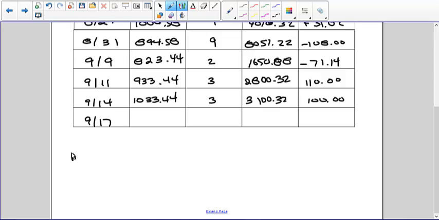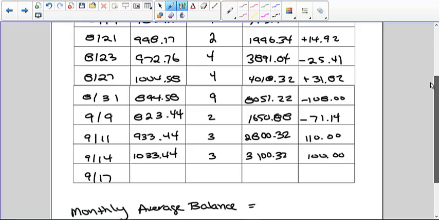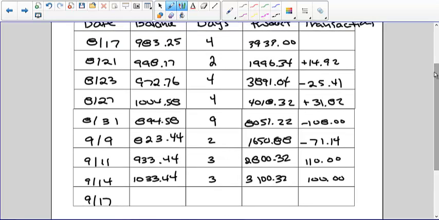So we'll say monthly average balance is equal to. Okay, so let's add them all up. I'm going to do it on my calculator so you'll have time.